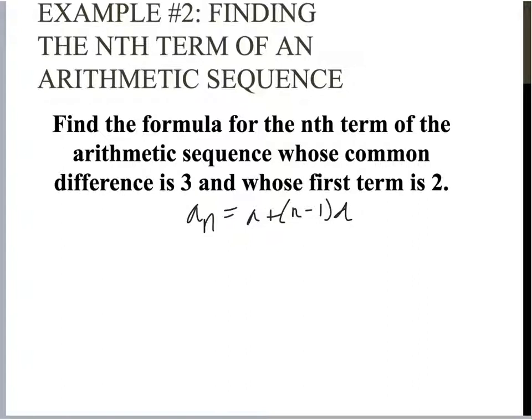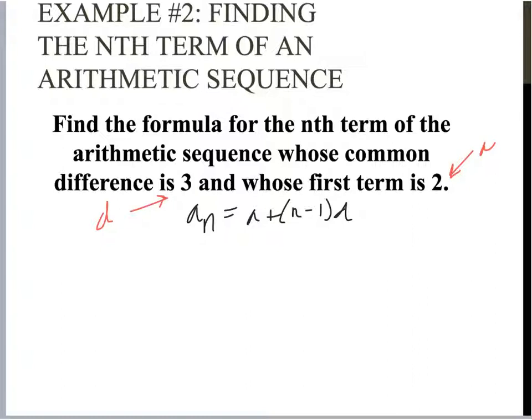They tell you that 3 is a common difference, so 3 is D. And then they tell you that the first term is 2, so 2 is A. They're asking you to find the formula for the nth term. So to find the formula is just to sub these in and simplify. In other words, finding the formula will stay a sub n.